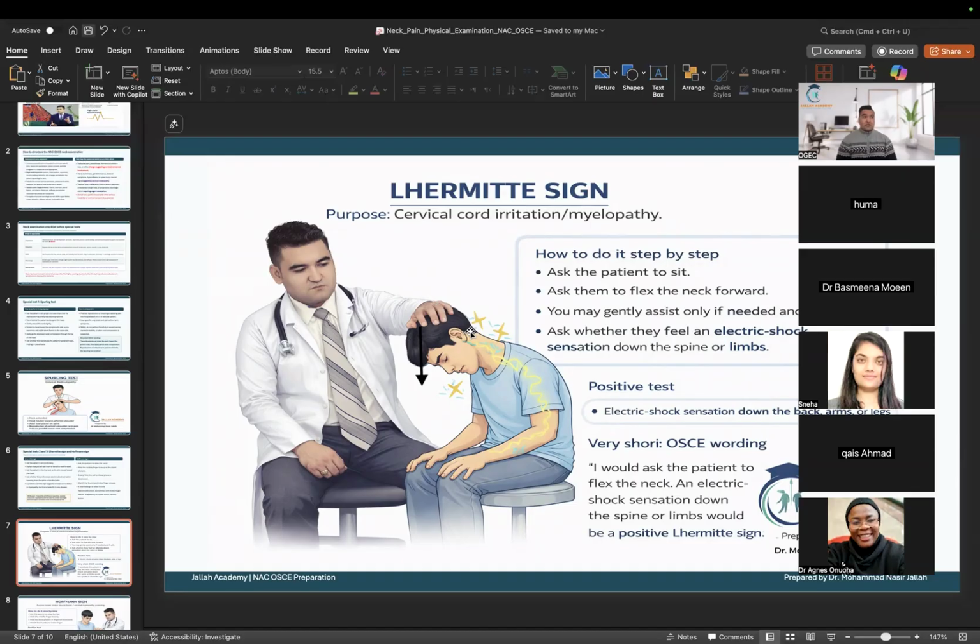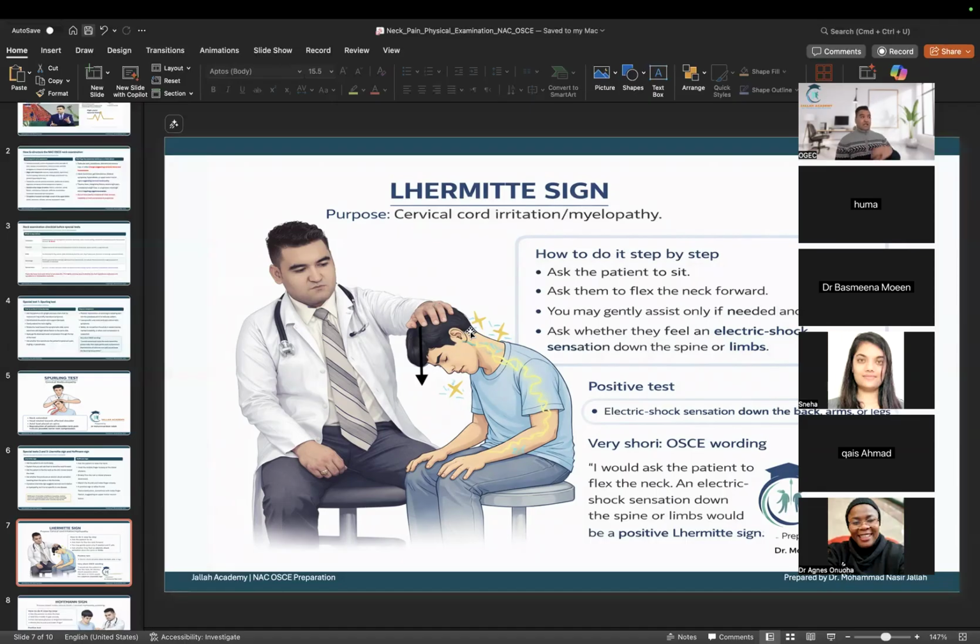This will produce a shocking, electrical-shock-like pain that radiates down the arm and also the back and even the legs. Okay, so this is positive for cervical myelopathy.